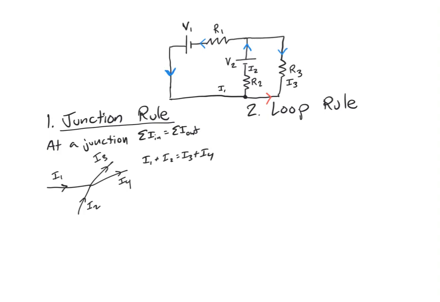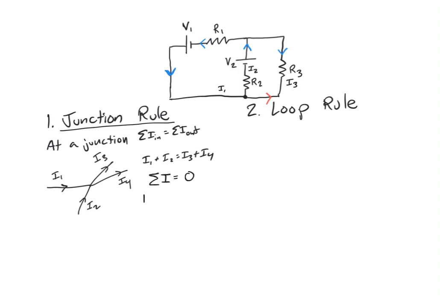So a clearer way of representing this is that the total current entering a junction is equal to 0. And all that says is that the total current is 0, which means just as much is positive as is negative, just as much is entering as is leaving.